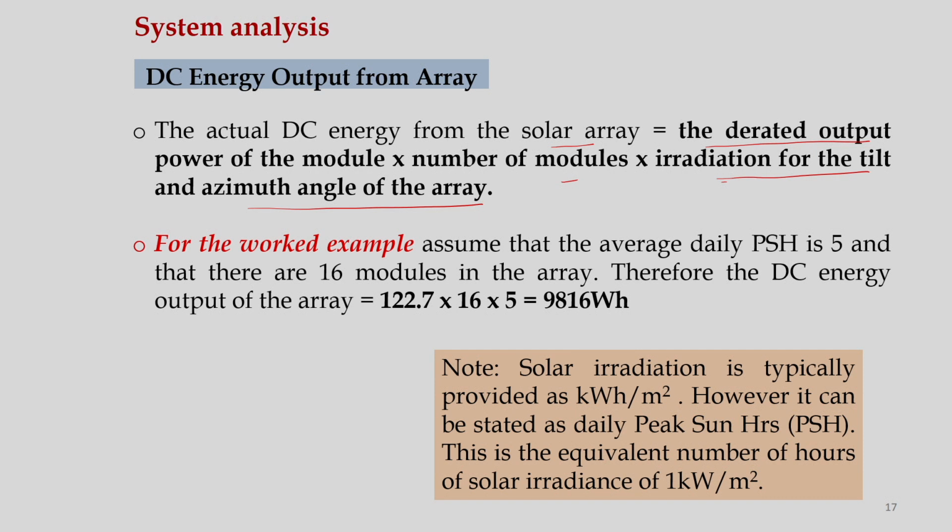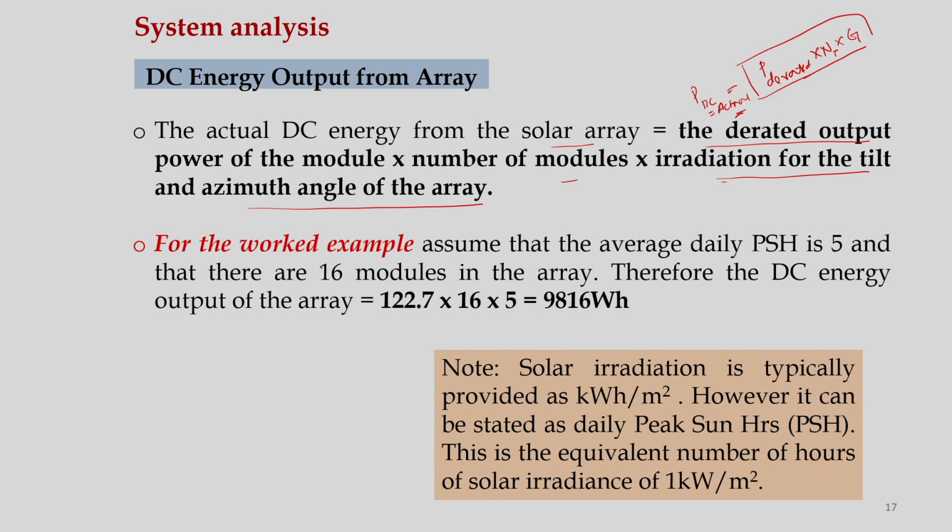So, this is P derated multiplied by the total number of modules, then Z, maybe the irradiance, or you can write I. So, this is something like the actual P DC.